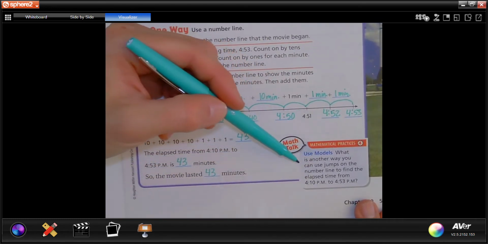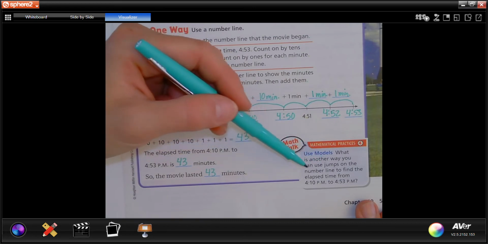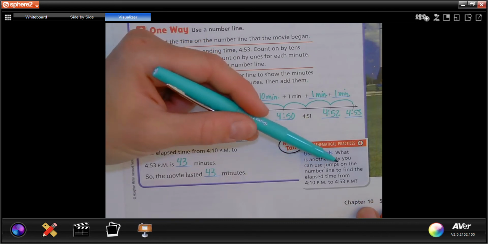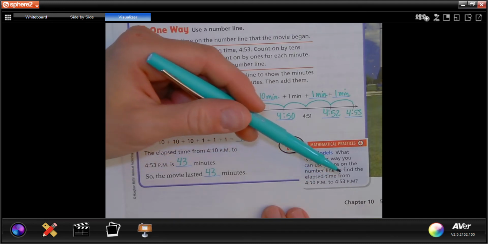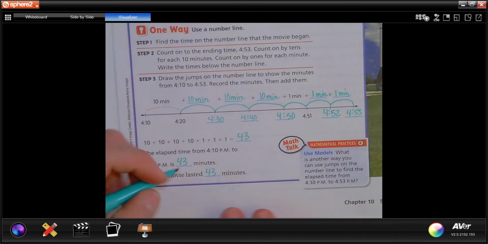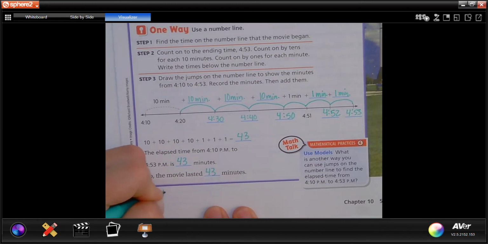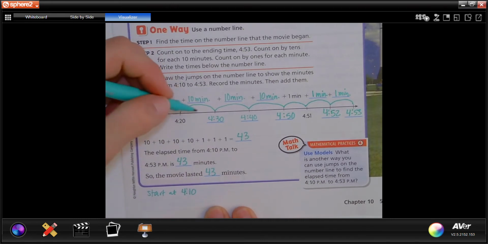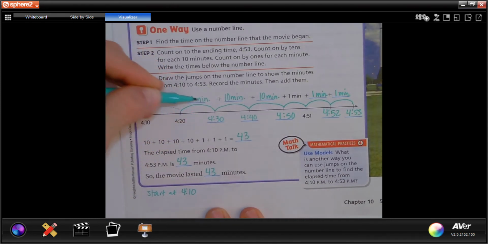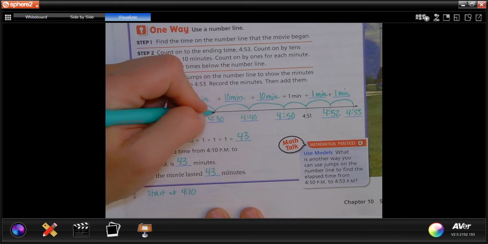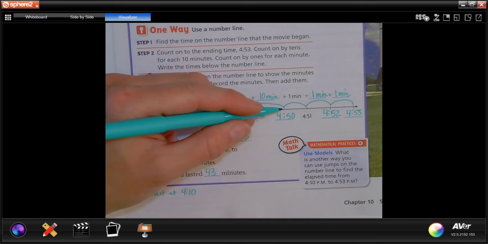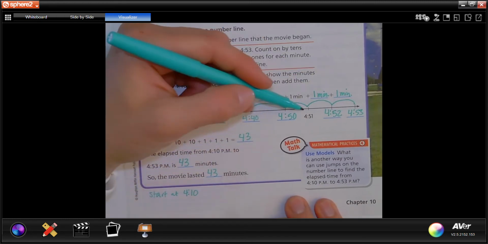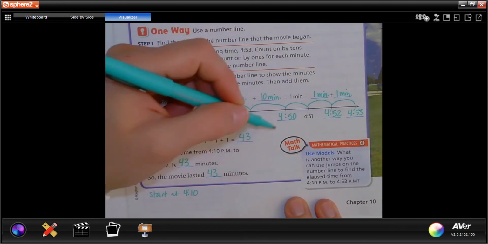Use models. What is another way you can use jumps on the number line to find the elapsed time from 4:10 to 4:53? Well, if we have to start at 4:10, we're going to look up here. Well, we could go to the half hour, so we could jump 20 minutes. Then we could jump another 20 minutes to 4:50. And then we can jump 3 more minutes to 4:53.